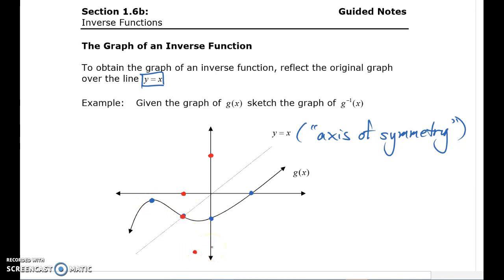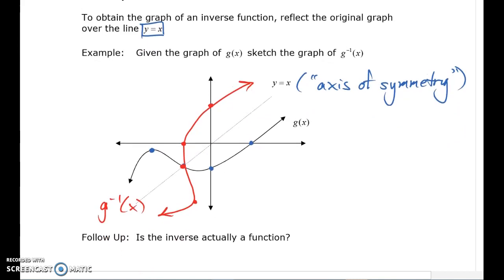In terms of connecting the points, so you have a smooth curve, it should be relatively nice in that you'll have a continuous curve as such. So that is your inverse, and we'll label it as such. We'll call that g inverse, or inverse of g of x.